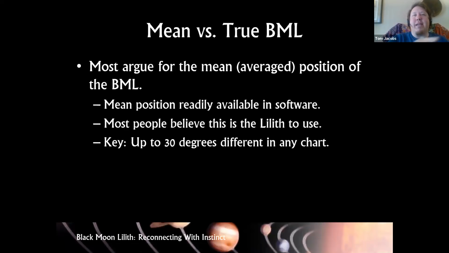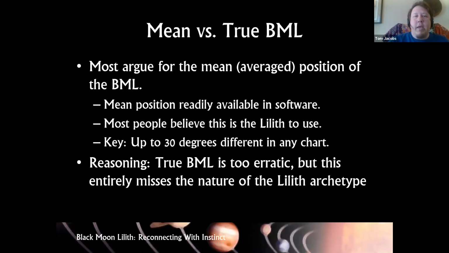Because again, it's taking this moving point and trying to make it dependable by averaging out its motion. The reasoning for people to prefer using the mean position is that the true Black Moon is too erratic, they say. But that entirely misses the nature of the Lilith archetype, which is changeable.